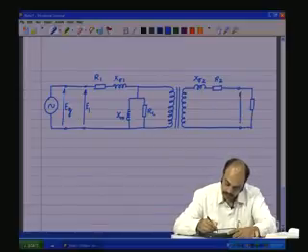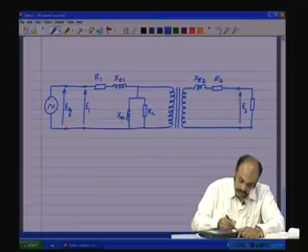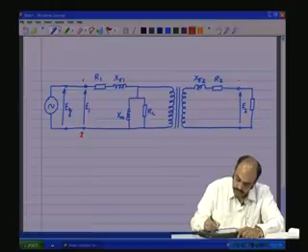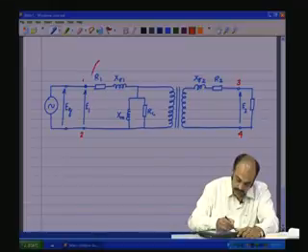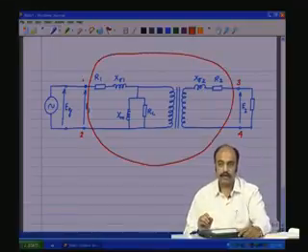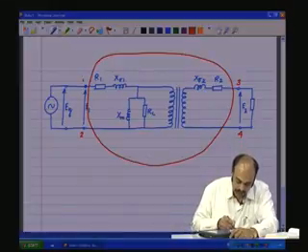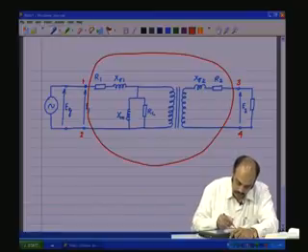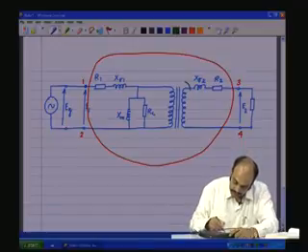So, this would be our secondary. So, if you see here, 1, 2, 3, 4, this is the practical transformer. So, if I draw this red enclosure here, the practical transformer has terminals 1, 2, 3, 4. This portion is an ideal transformer.